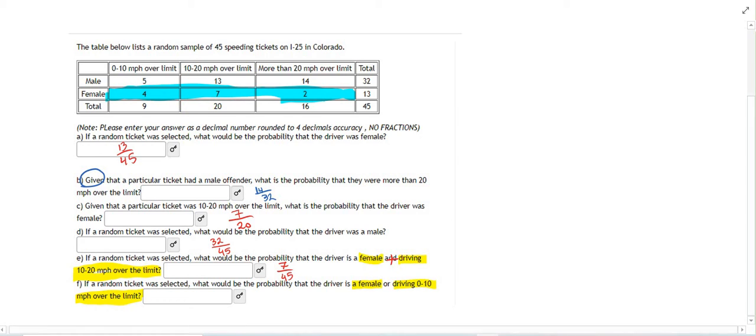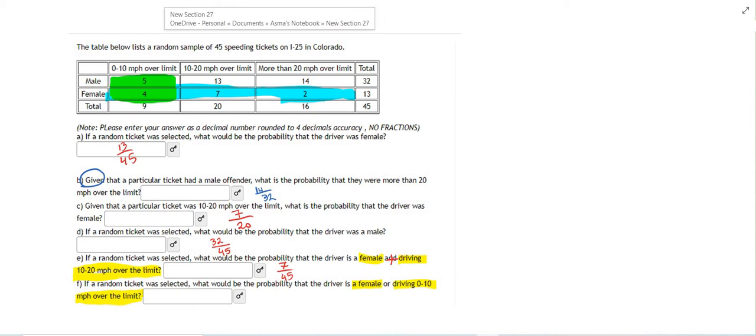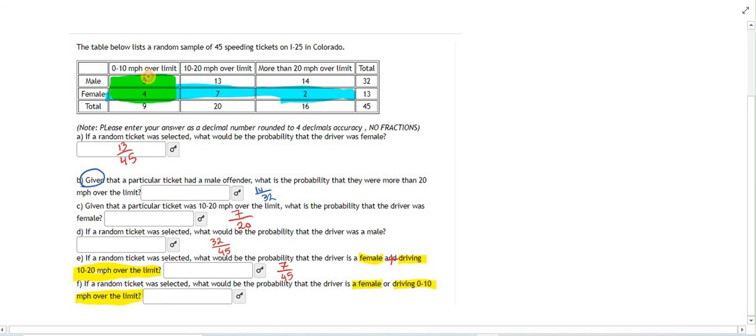And then the category 0 to 10 miles over the limit is this category right here. Anybody that satisfies these categories is going to be added. So I will add the 5 males, the 4 females who satisfy both categories at the same time, and then I will add the 7. I will add the 2.